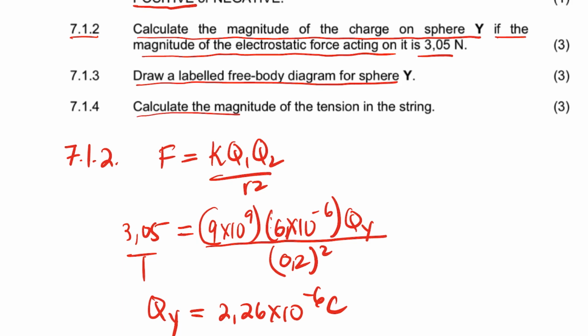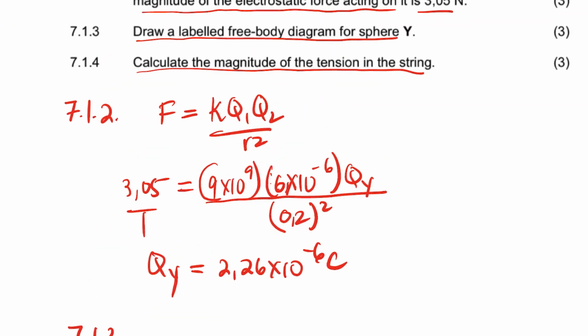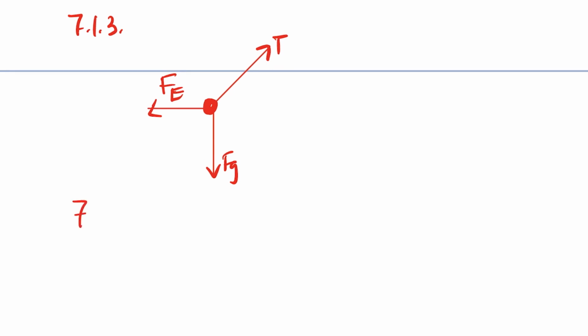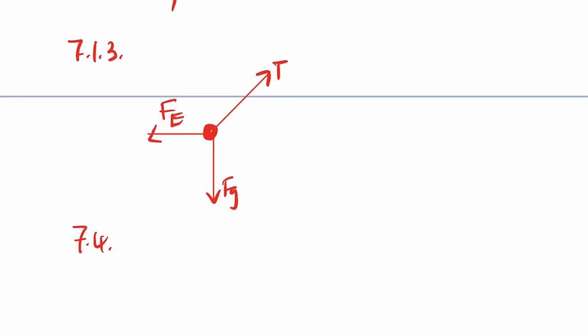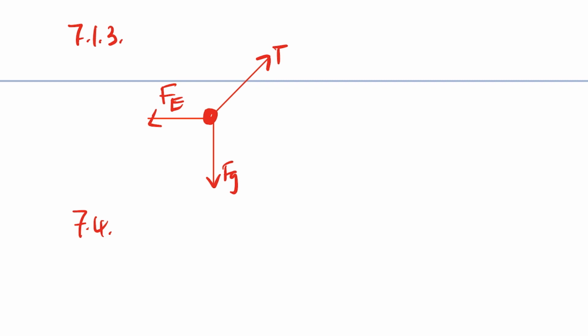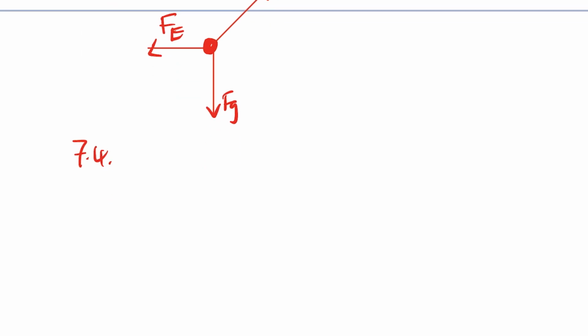7.1.4, it says calculate the magnitude of the tension. If we draw a vector diagram here, this is the tension, this is the gravitational force, and this is the electrostatic force.